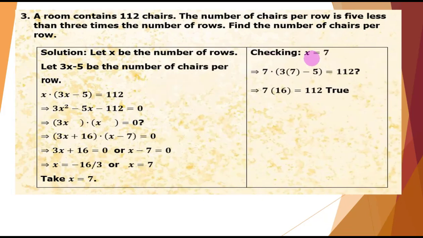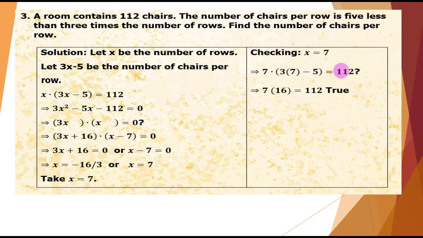Now checking x equals 7, we have to substitute to this mathematical sentence or quadratic equation. So 7 times quantity 3 times 7 minus 5. This 3 times 7 minus 5, we have 21 minus 5, that is 16. At this part, we wrote here a question mark, signifying that we are not yet sure.